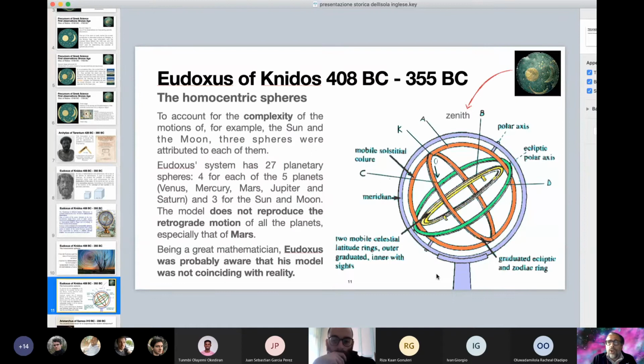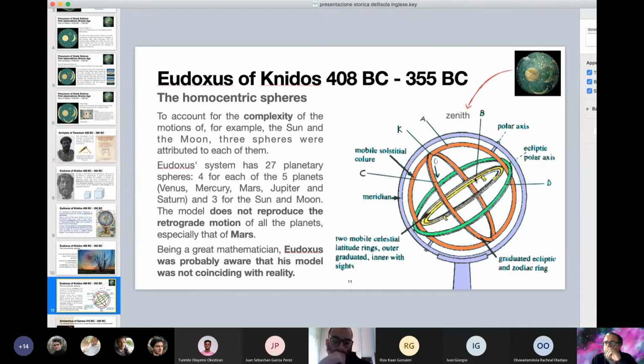Okay. So what is doing Eudoxus? He can see complexity of motions in the sky. So in order to account for the complexity of the motion, for instance, of the sun and the moon, he invented 3 spheres. So you have one sphere, a second sphere, a third sphere, okay, a fourth sphere, because this is a planet like Venus, Mercury, Mars, Jupiter, and Saturn.